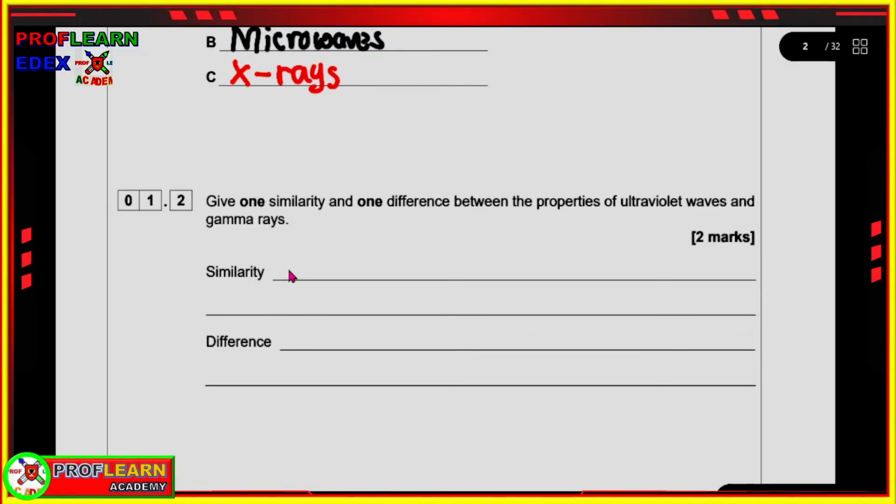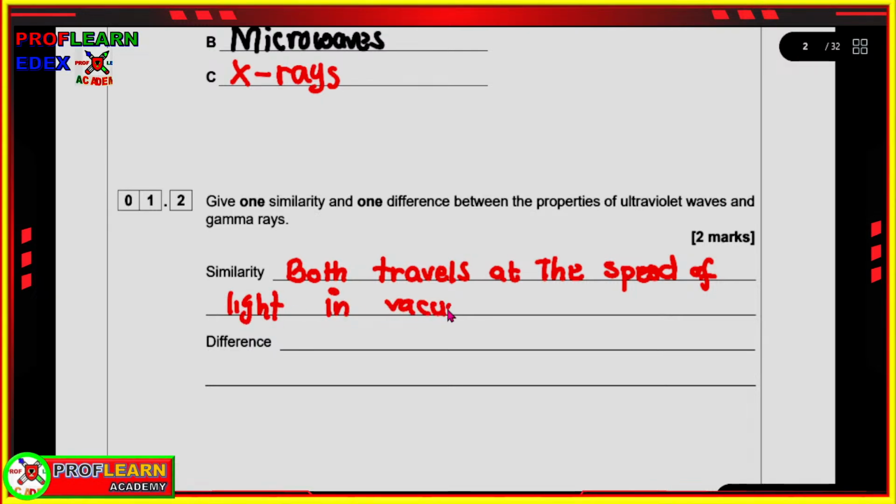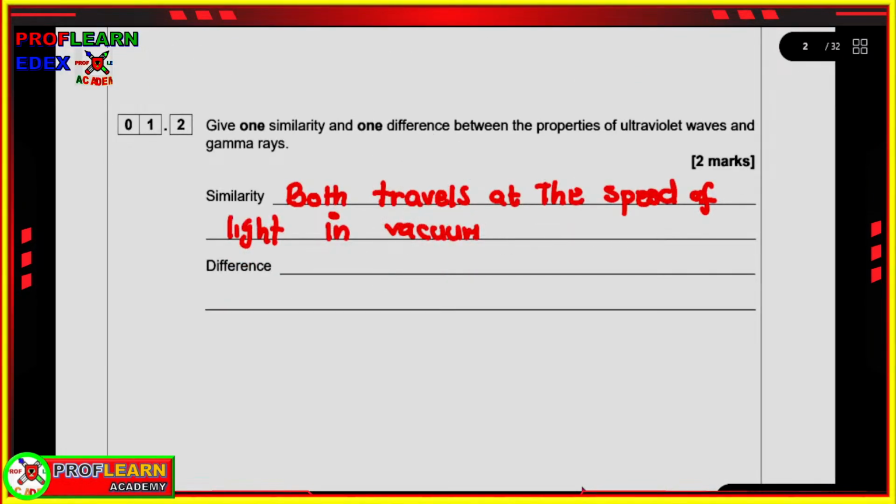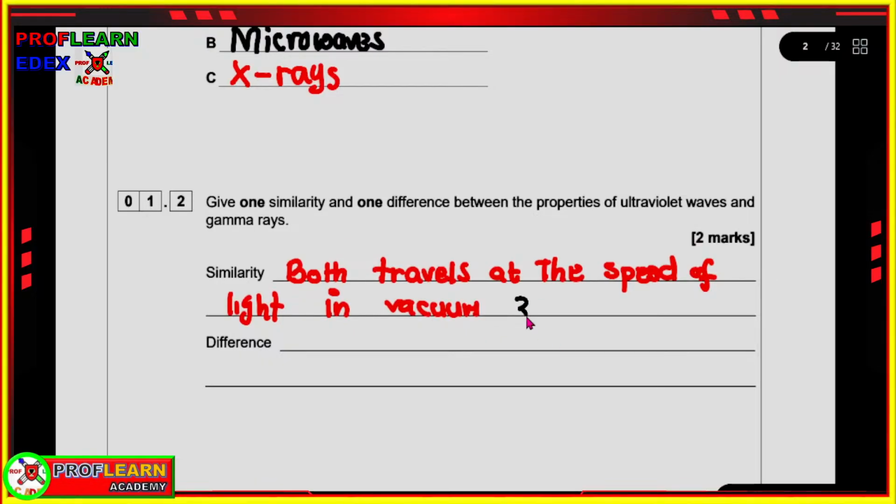The similarity is that both travel at the speed of light in a vacuum, and the speed at which they travel, basically there we are going to say that they travel at the speed of light, which is 3 × 10⁸ meters per second.